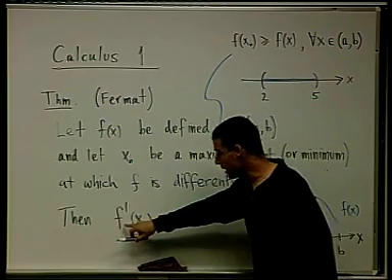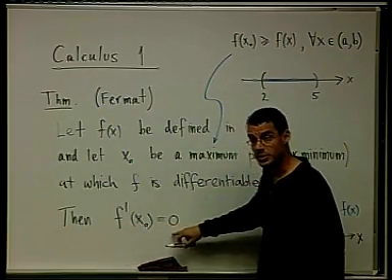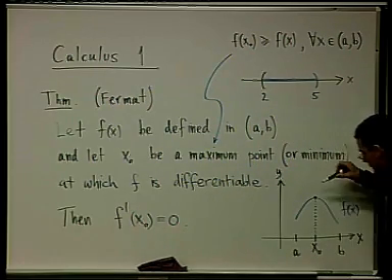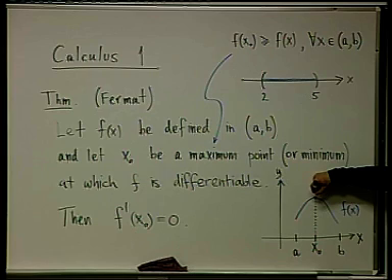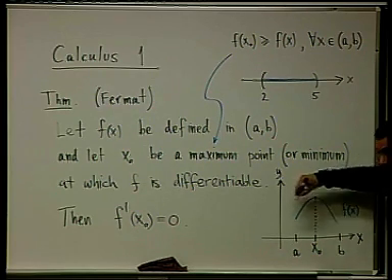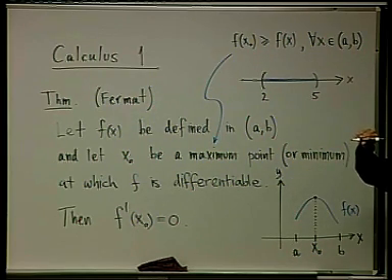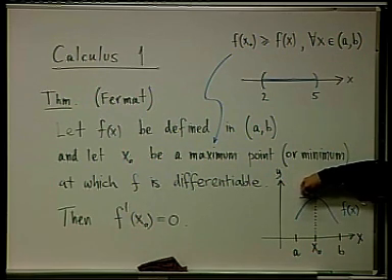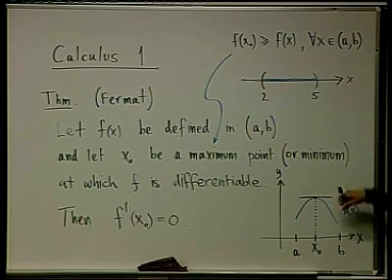So saying that the derivative at this point is 0 is intuitively a way of saying that the slope of the tangent line at this point is 0, meaning that the line is horizontal. So the slope of the tangent line at the point x0 is 0.